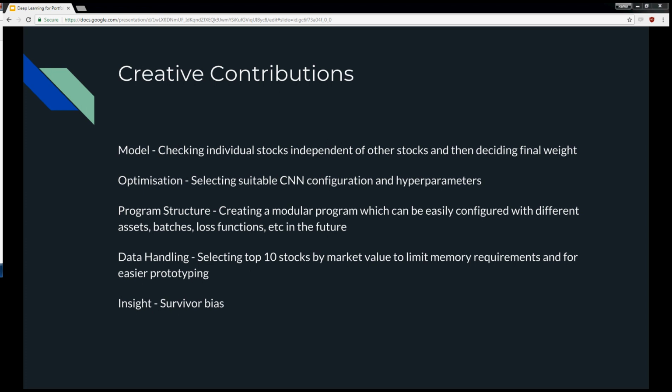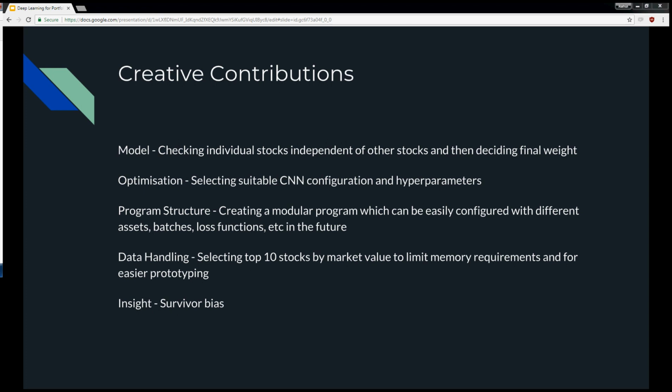And the second factor was the optimization, that was selecting suitable CNN configuration and hyperparameters, for example the number of iterations and batch size. Third one is program structure, and that's for creating a modular program that can be easily configured with different assets. As I said, it's a resource allocation problem that heavily depends on the past values and hidden patterns in the data.